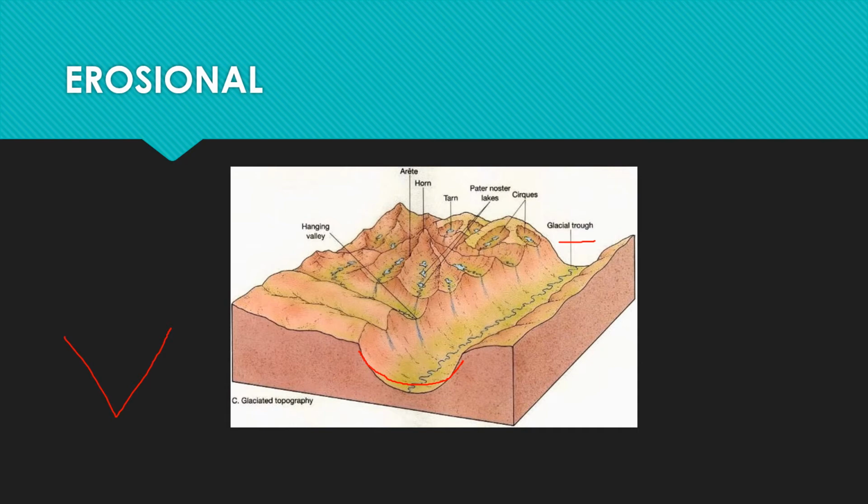So we have glacial trough, that is U-shaped valley, hanging valleys, arete, horn, and tarns, which are some lakes present here. When the ice gets melted, these are converted into lakes, and some other nostal lakes. Cirques are also there. These types of cirques are present on all the sides of the mountain. So this way we have these erosional landscapes in the glacial regions.